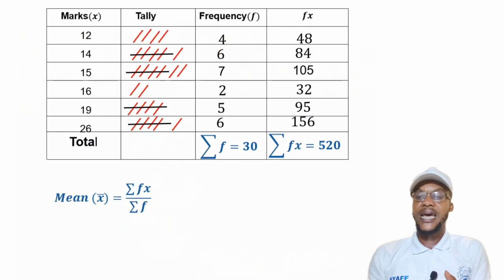So here, the number of data points in raw data, the sigma f represents the n, and the sigma fx represents the sum of all the data set. In a frequency table like this, that is how we do it. So in a frequency table for ungrouped data, the mean is sigma fx divided by sigma f. By then, you have calculated all these ones.